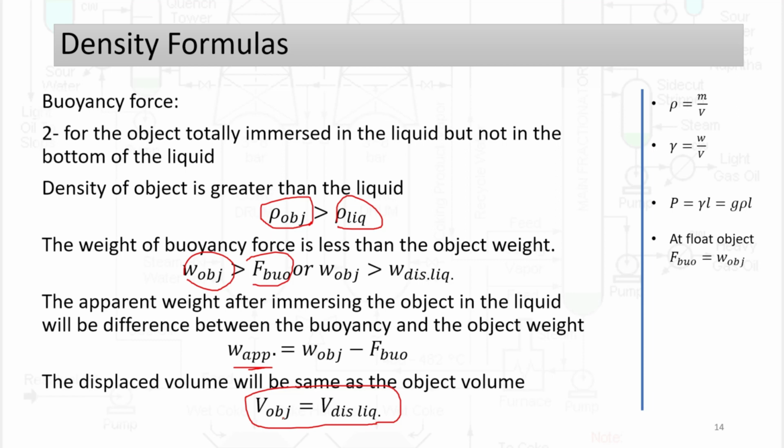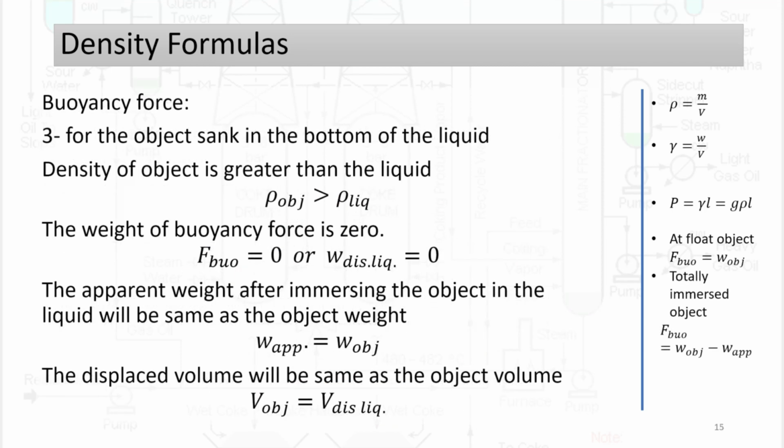Now this is the second case: the object is totally immersed in the liquid but not at the bottom. The density of the object is greater than the liquid, the buoyant force is lower than the object's weight, there is a value for apparent weight, and the volume of the object equals the volume of the displaced liquid in this situation.